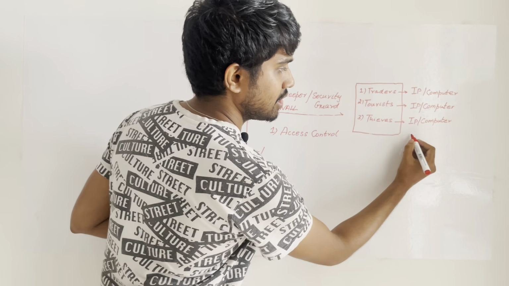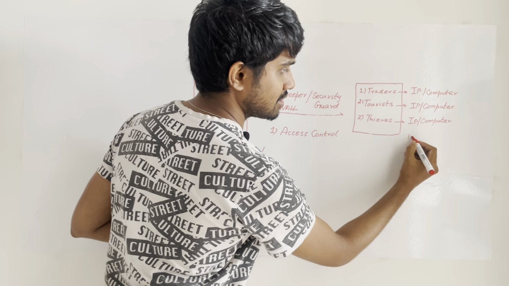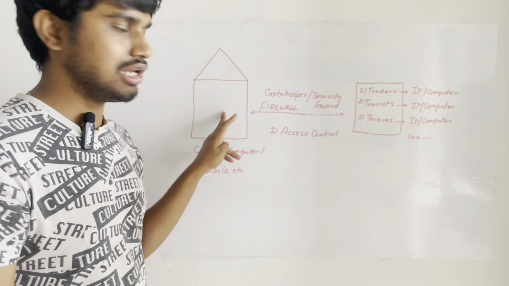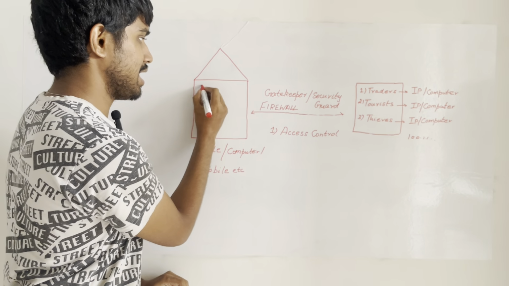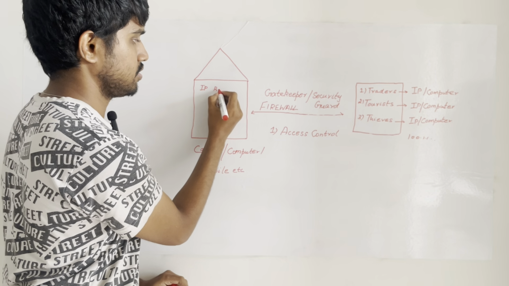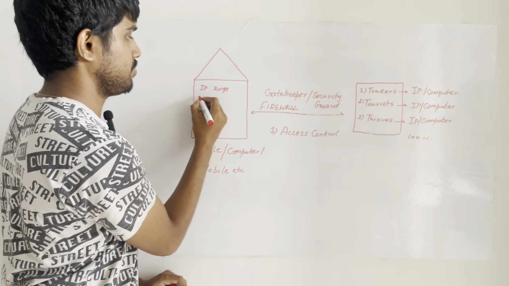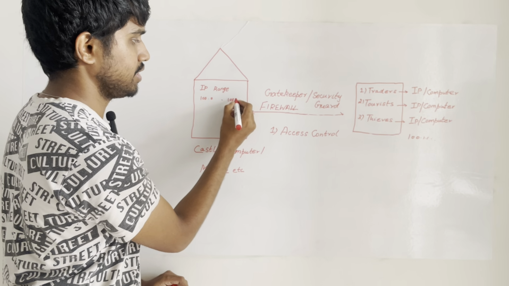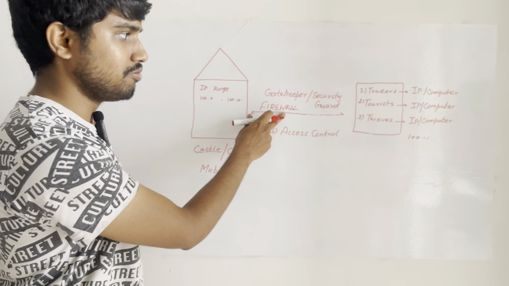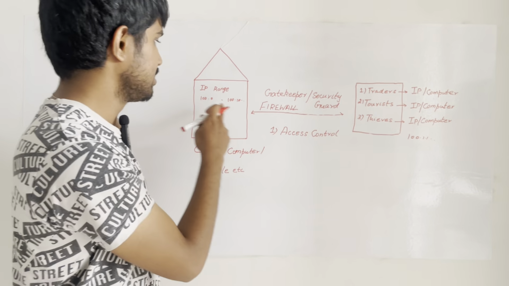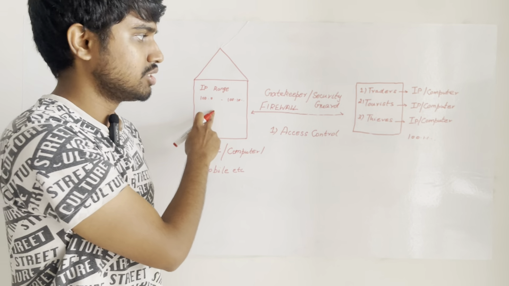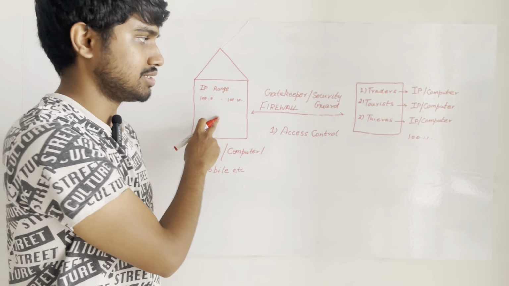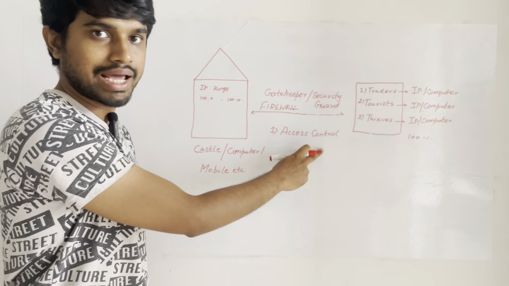For example, if your IP address is 100 point something, and in the castle you have defined that you can support the IP range from 100.0 to say 100.10, the firewall will check and see that this IP is trusted by our system, so I will let this IP communicate with my system. This is the first one, access control.